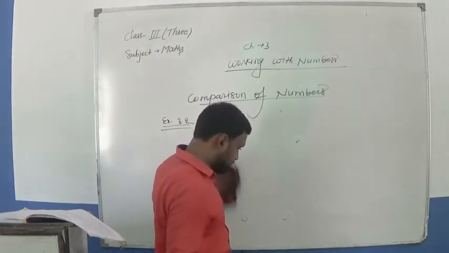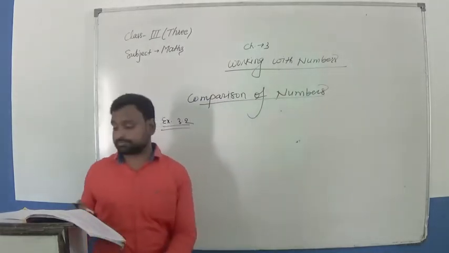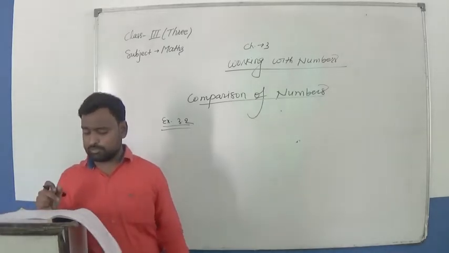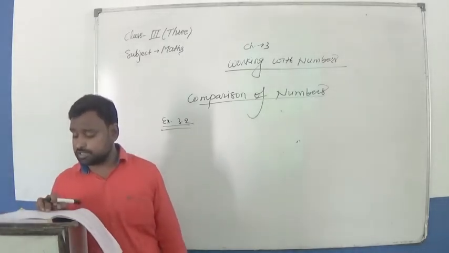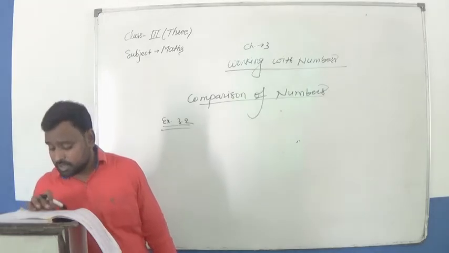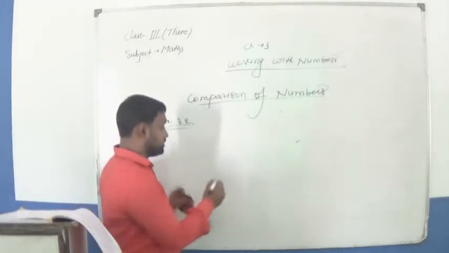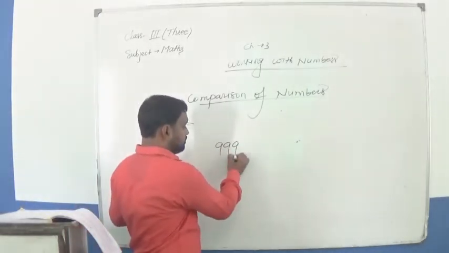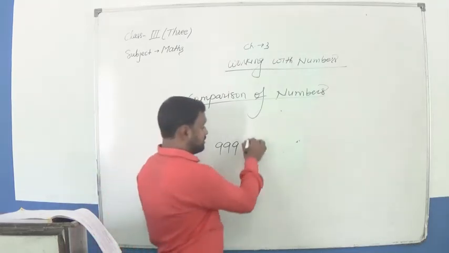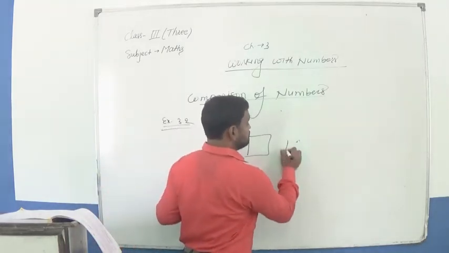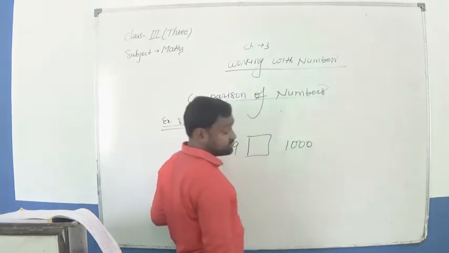Okay, in this way you can usually solve exercise 3.2. Suppose question number 2 says, which is greater, a 3-digit number or a 4-digit number? The greatest 3-digit number, you know, is 999, and the smallest 4-digit number.